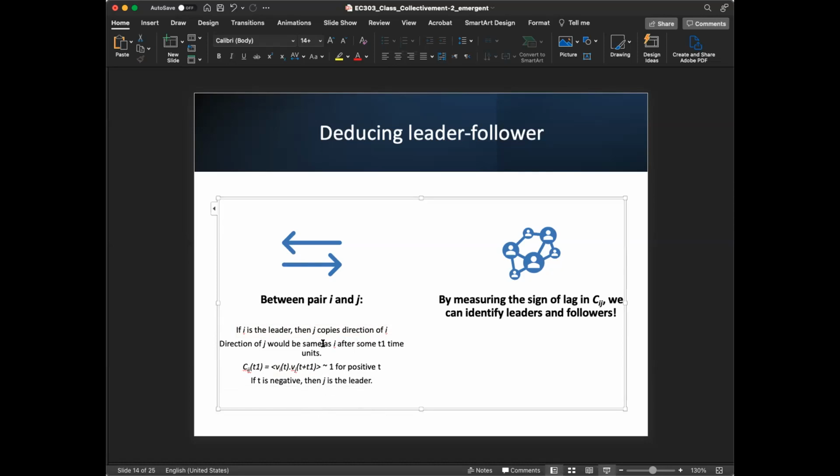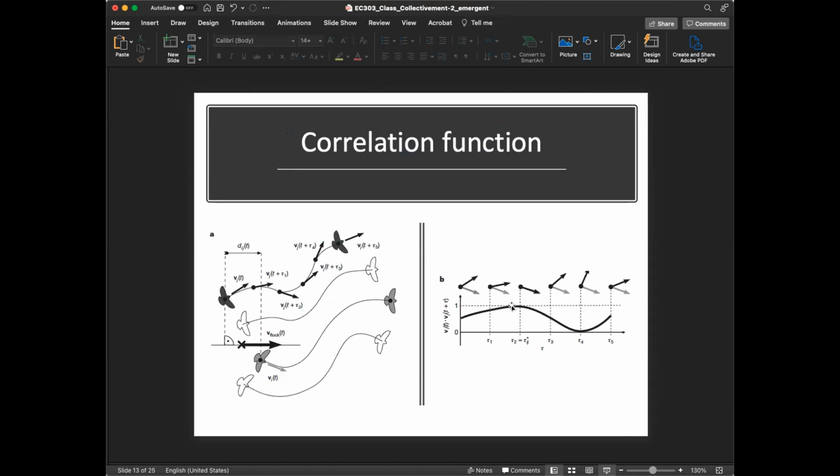And imagine the exactly opposite is happening, which is that J leads and I follows. In such a case, the sign will be inverted, right? The direction of Vj at a previous time will be the direction of I at the current time step. So therefore, let's go back to the previous slide and look at where exactly this maximum is occurring.